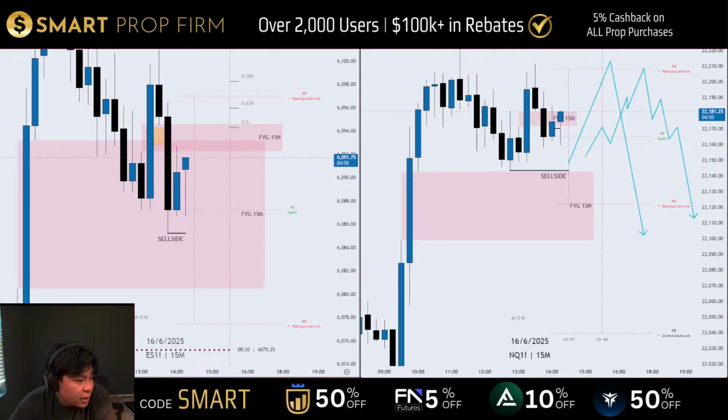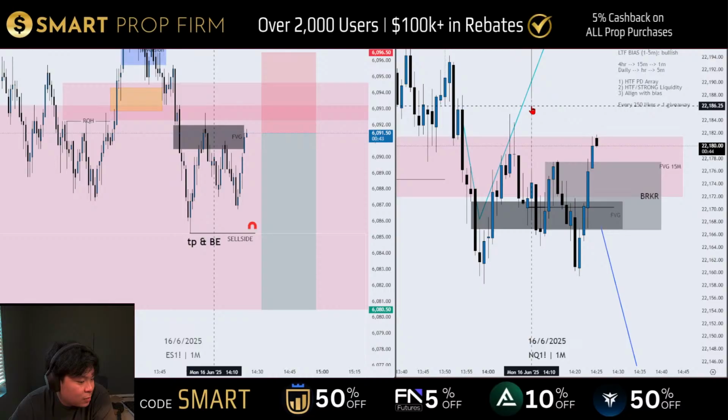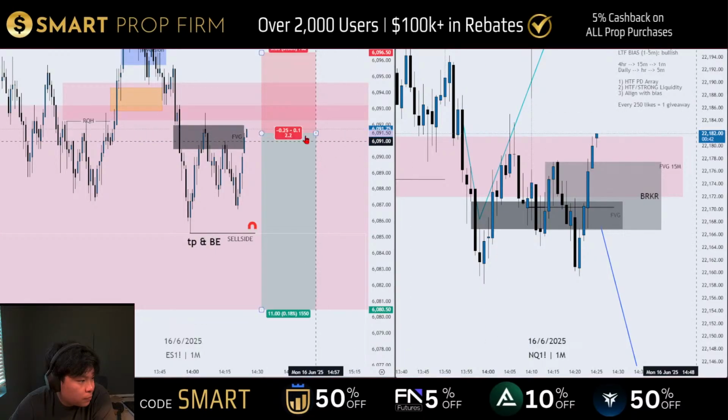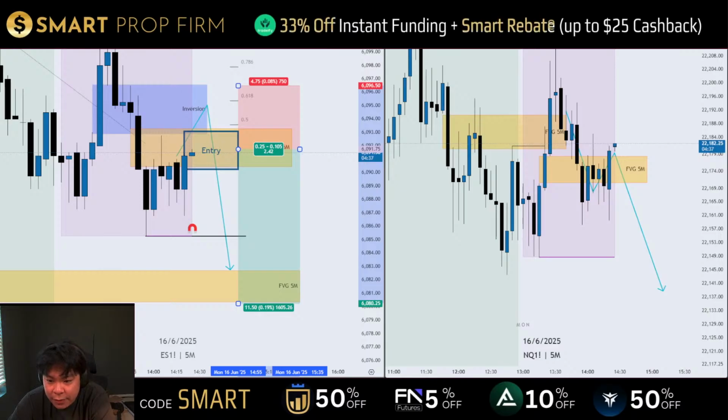Is this bullish now? Are we trying to play it for upside? I don't know. Let's see. Did anyone take TP though on that move down?